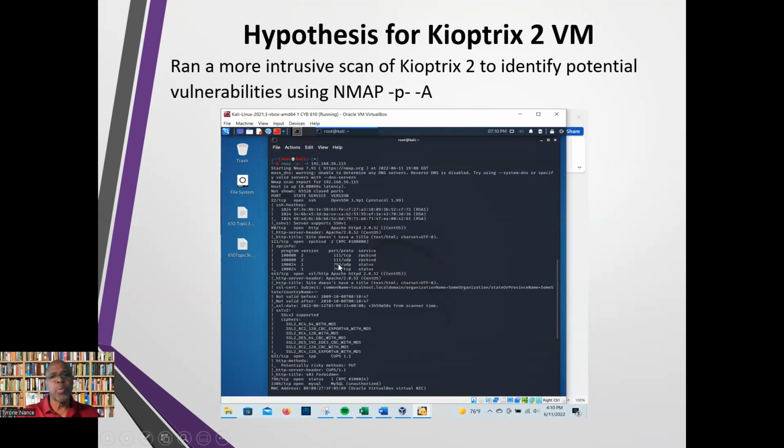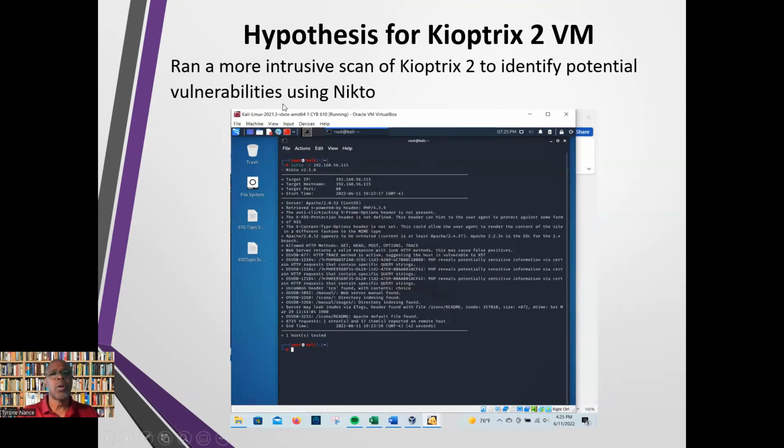But I went one step further, rather than just rely on the nmap. I also ran Nikto scanner, and you see right here, I ran Nikto, with -h as the host, pointing to the Chi-Optics box, which has 113 as the last octet. And you'll see that on this box, it confirmed the same vulnerabilities we saw on the nmap command, but it also introduced a couple of different ones.